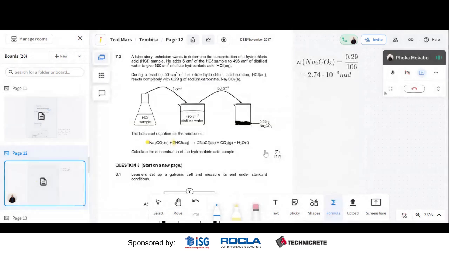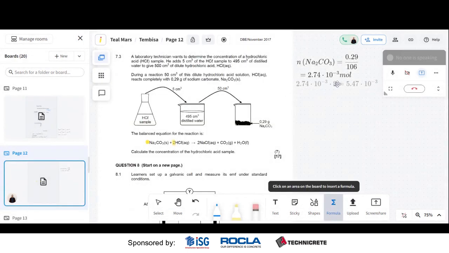Right? Here we are. Okay. That is the number of moles of hydrochloric acid, the dilute version of the hydrochloric acid.